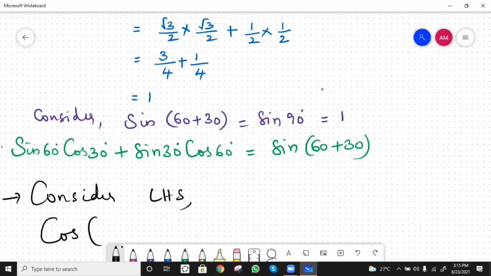So consider the left-hand side. What is the left-hand side? Cos 60 plus 30. See the question.